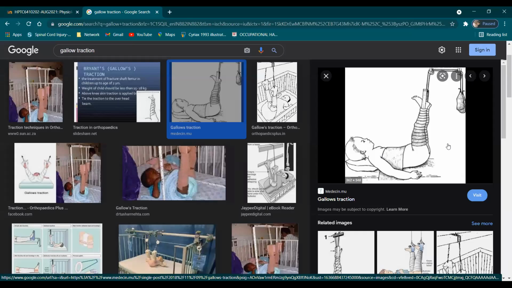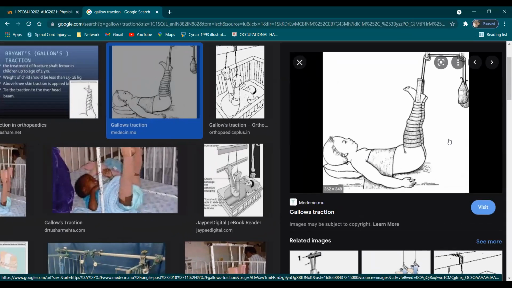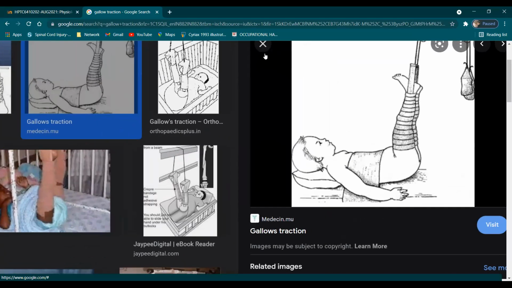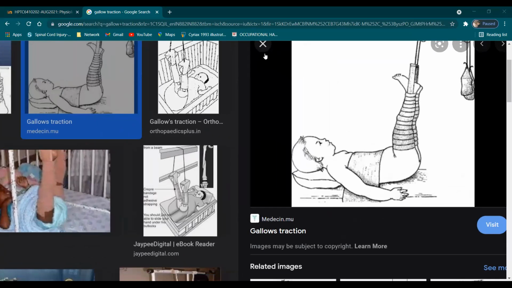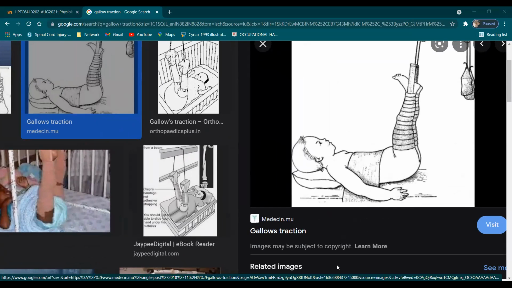Yes, this one. This is called Gallows traction. Under 3 years, this type of immobilization is very useful.